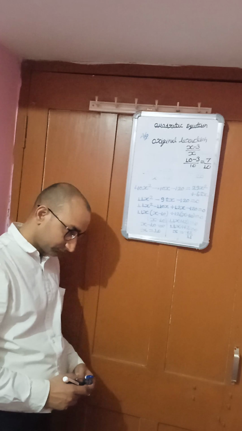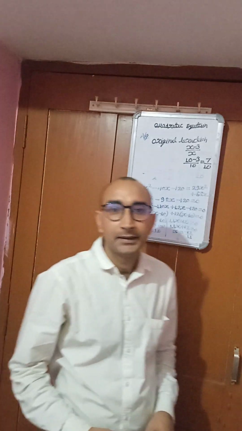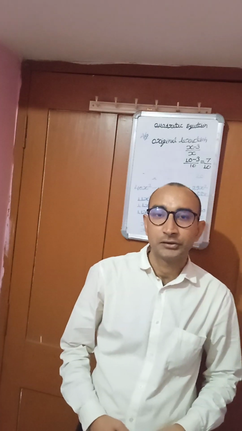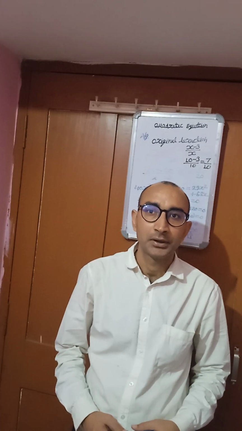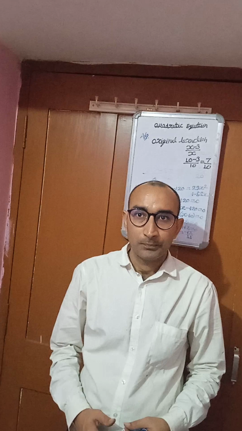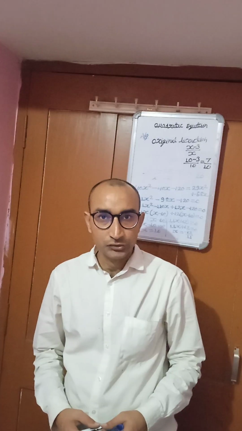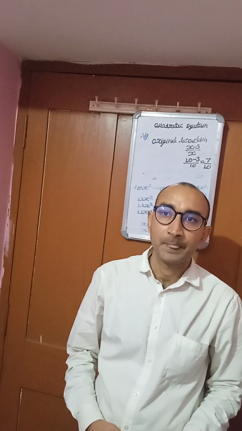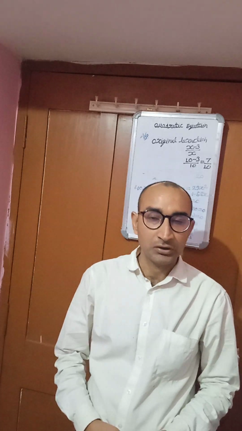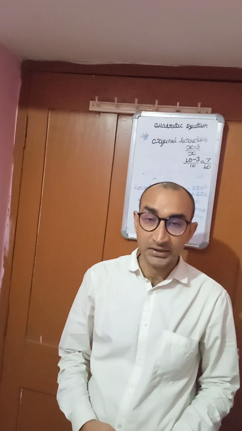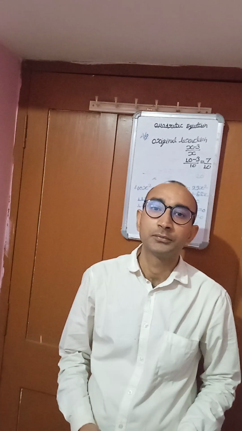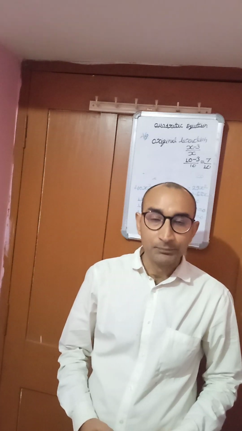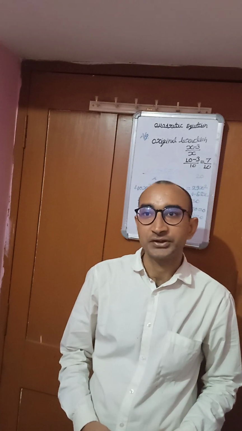So I have explained the basics of quadratic equations here, how we can solve quadratic equations by two methods: the factorization method and the quadratic formula method, the nature of roots, and the graph of quadratic equations.